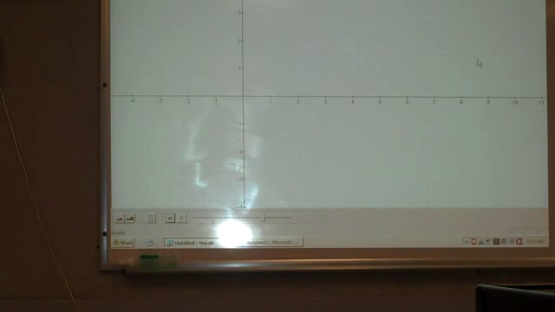Marionette puppet, which is biggest exponent is even, but now you have a negative leading coefficient. Positive ballerina, which is biggest exponent is odd, leading coefficient is positive, and negative ballerina, biggest exponent is odd, leading coefficient is negative. Alright. Does that help? Yeah. Okay.